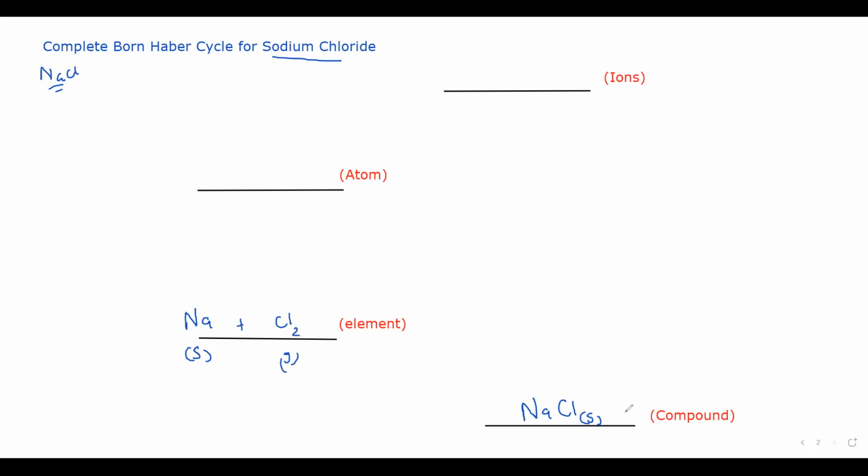But because the equation must be balanced, we only need one chlorine atom, but in a chlorine molecule we have two chlorine atoms. So we have half a chlorine molecule. In A levels you can use these fractions to balance the equation. It is acceptable. So half a chlorine molecule and one sodium atom will give one formula unit of sodium chloride.